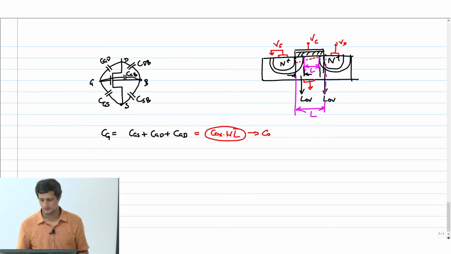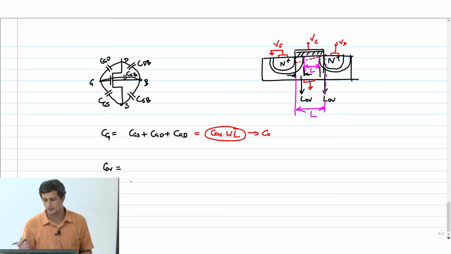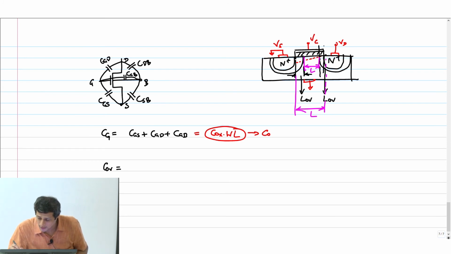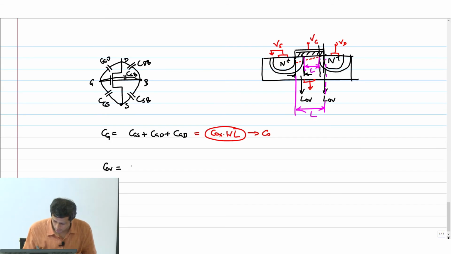So what is my overlap capacitance? C overlap is just like a parallel plate capacitor again, it's this part of the gate. How much capacitance is that going to form? The area is L overlap into W. So this overlap will be C_ox into W into L overlap.